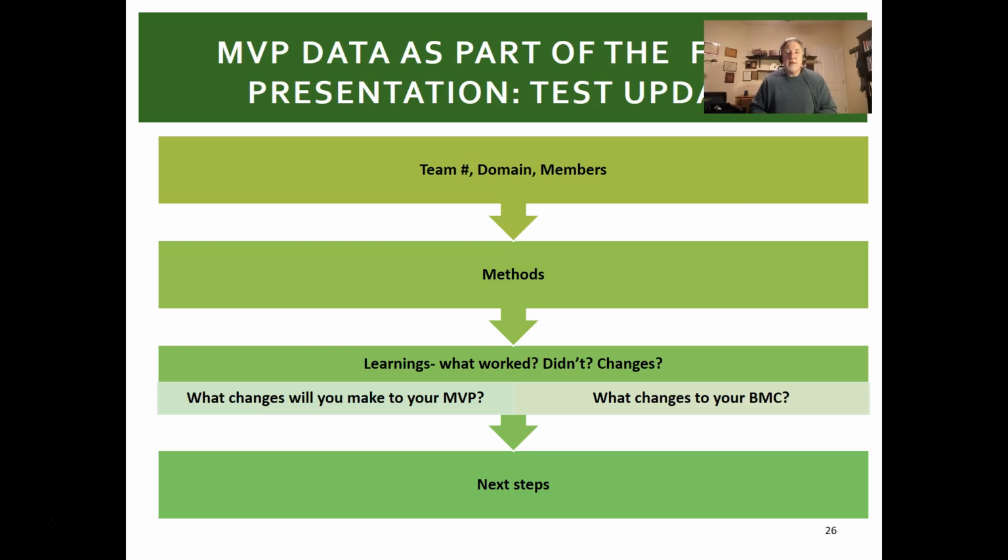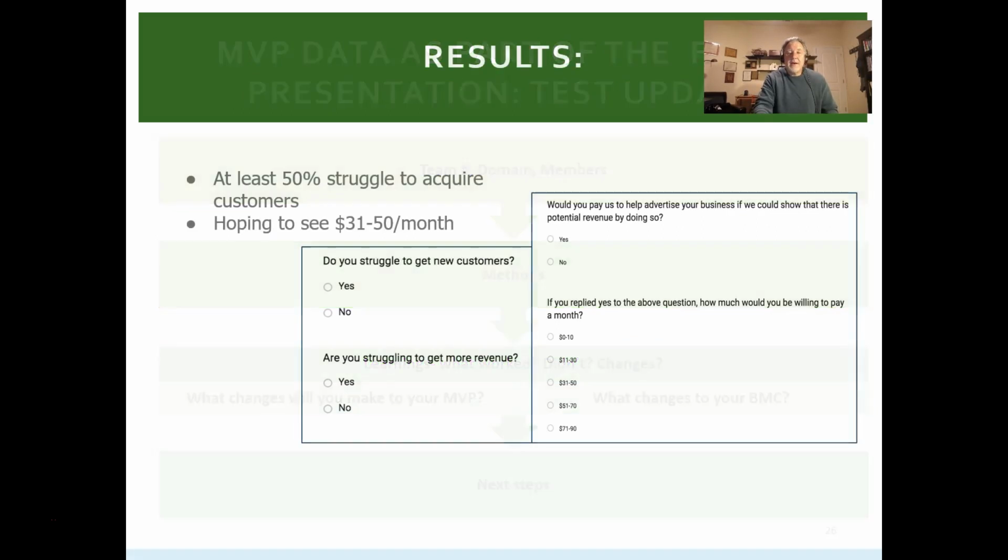And this MVP data will be part of the final presentation, and what you want to do is reiterate your methods and your results, your learnings, and what changes you make to your minimum viable product, and to your business model canvas, and what steps you have. So those are some things you should think about.